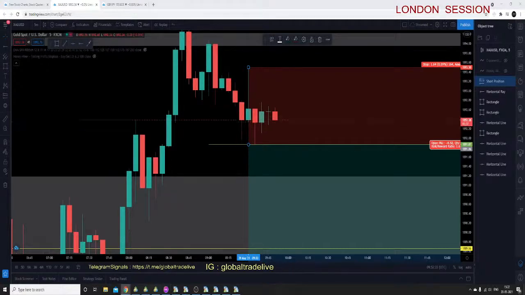So before entering, we are waiting for a breakout candle and retest. Not every time. Supposing a candle just closes far away from the support or resistance level, in that case you can just wait for a retest to happen, and then you can enter the trade.